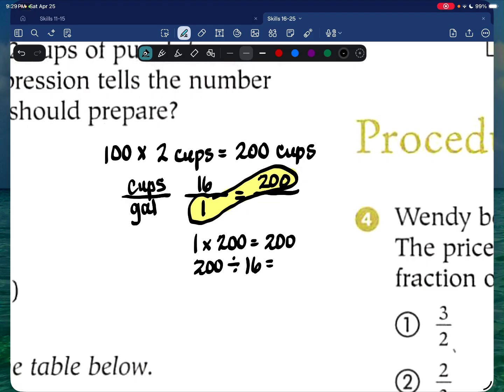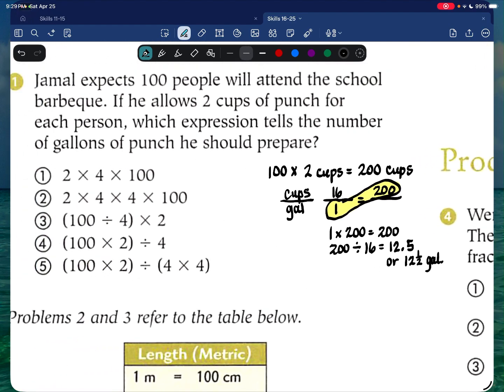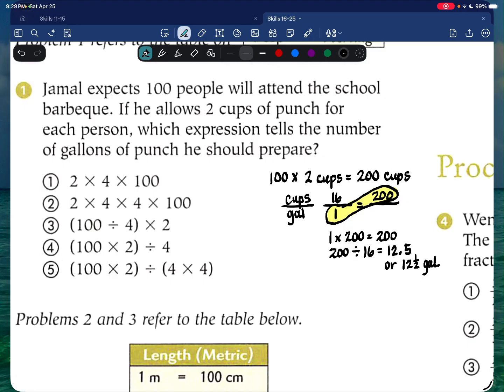And I'm going to go ahead and do that. 200 divided by 16. You all know that I hate concept problems. 12.5 gallons of punch. I would much rather just solve it than have to do this. But I have to do this. They don't give me a choice.